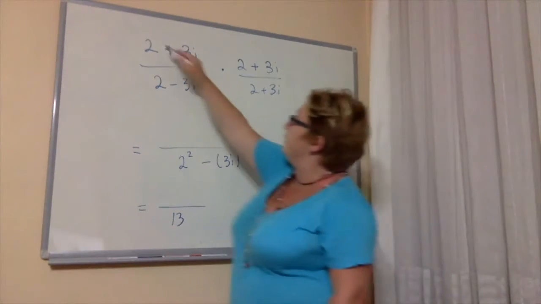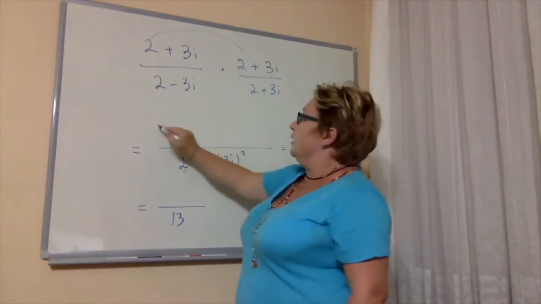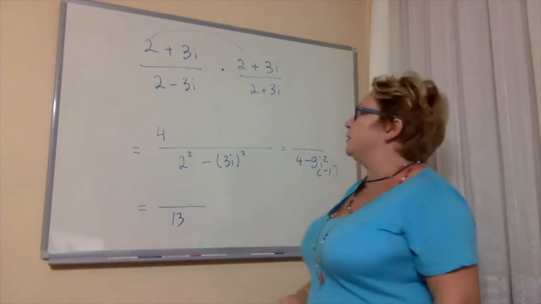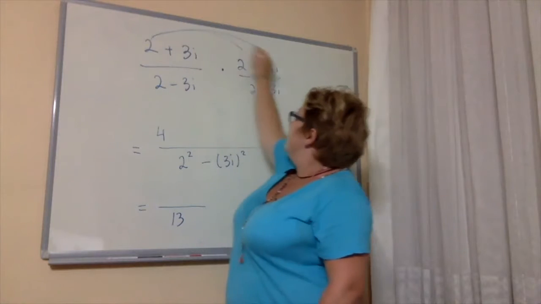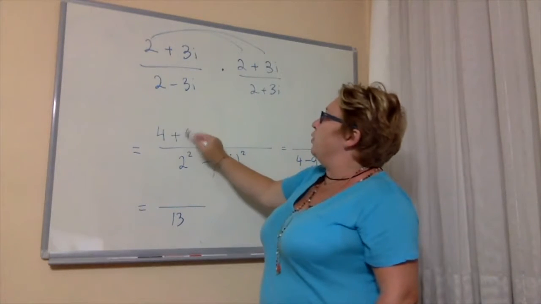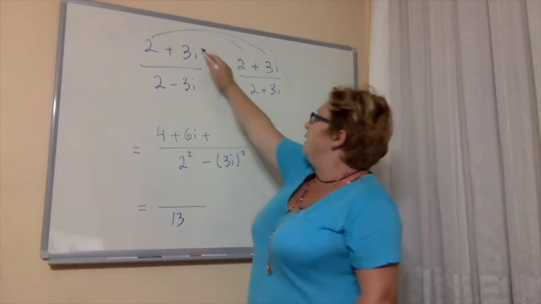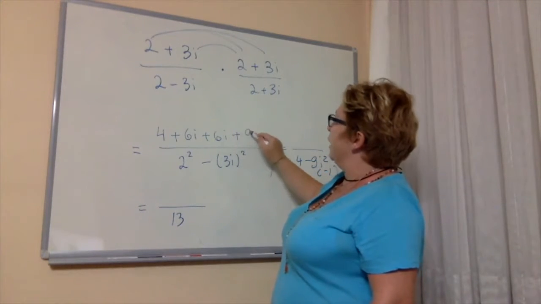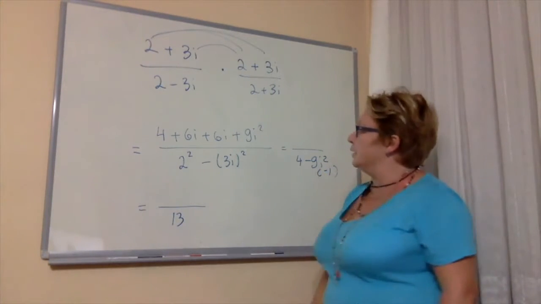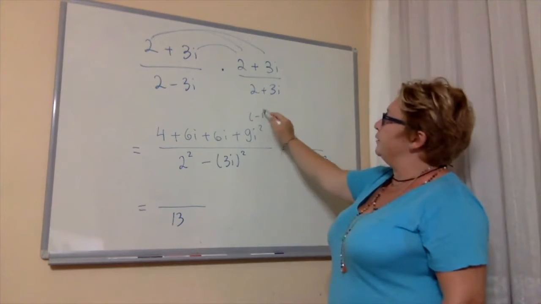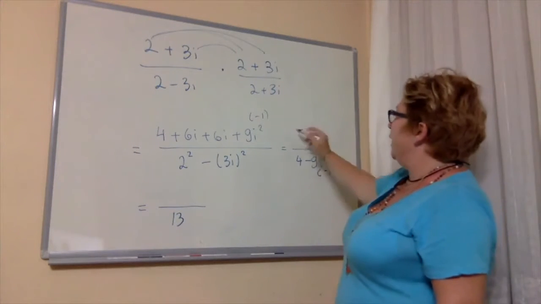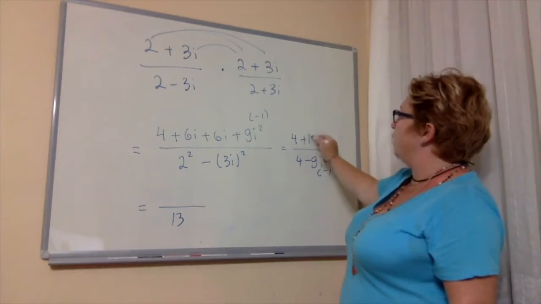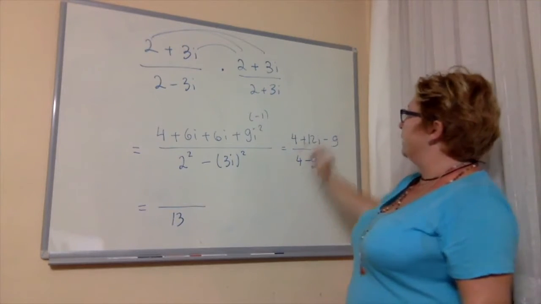Now the numerator is simply the square of 2 plus 3i. So when we multiply that out, we get 4 plus 6i plus another 6i plus a 9i squared. Then we plug in negative 1 for i squared, and we get 4 plus 12i minus 9.